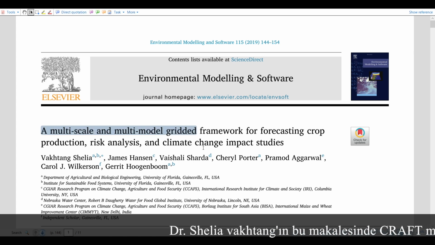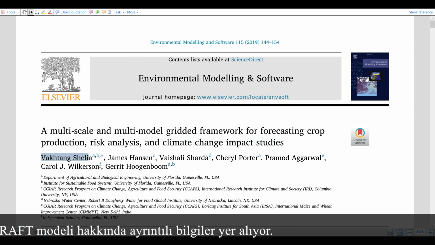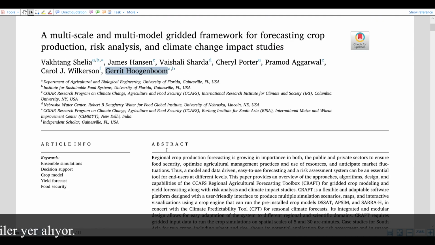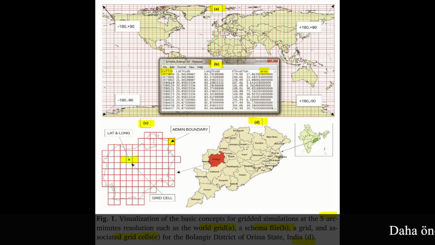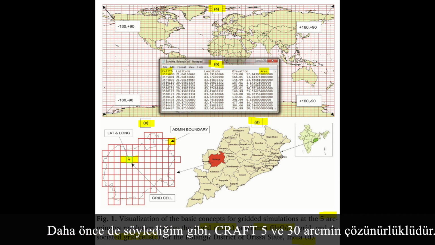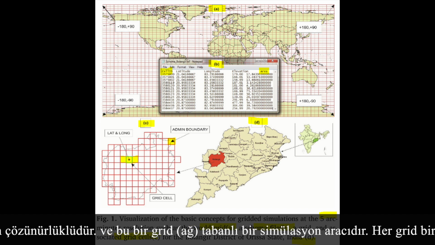This article written by Dr. Shelia and Dr. Hoogenboom provides detailed information about the CRAFT model. As I said before, CRAFT is a model that has 5 and 30 arc minute resolution.